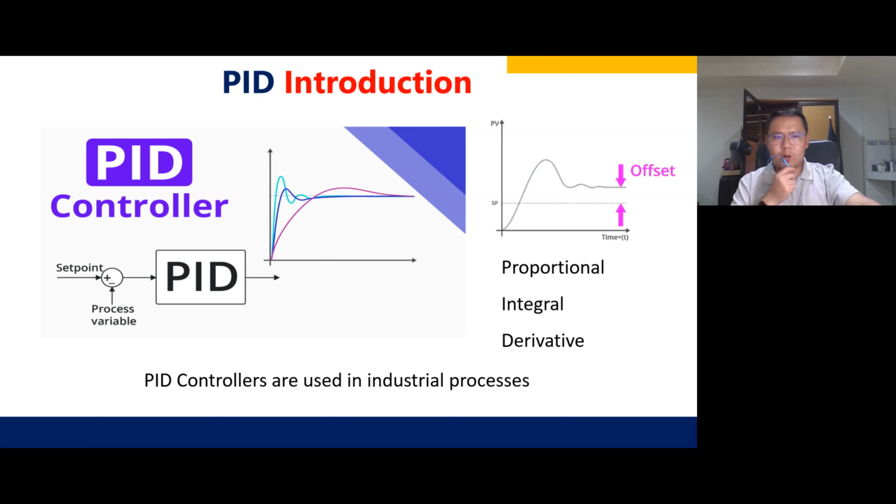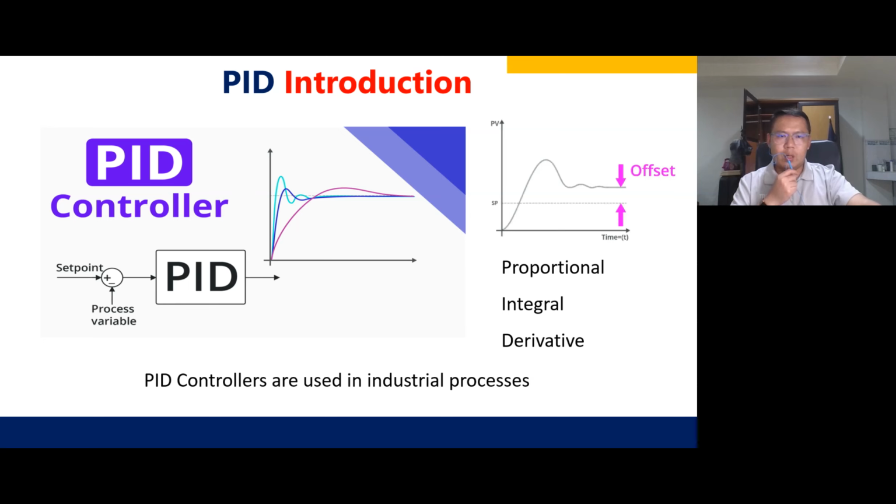PID stands for Proportional Integral Differential control system. P stands for proportional, I stands for integral, and D stands for differential.